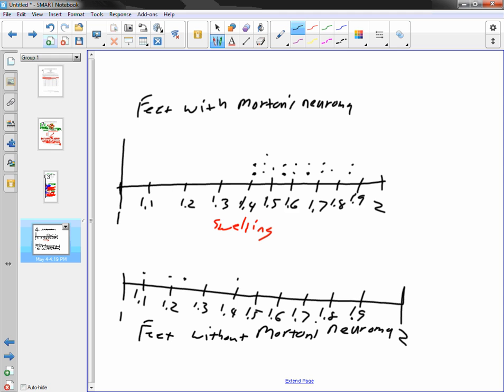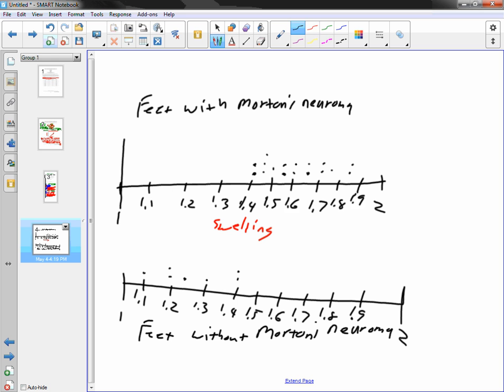The next person is a 1.2. The next one is a 1.3. The next one is a 1.4. The next is a 1.45. Nope, that person had both. The last 3 people all had both. So that's it for the feet without Morton's neuroma.